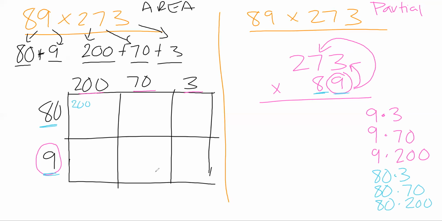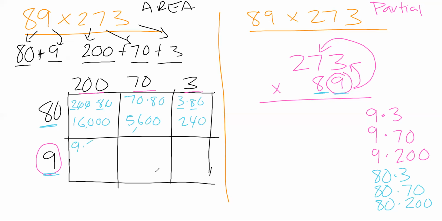So 200 times 80. 2 times 8 is 16, and 1, 2, 3 zeros. Okay, that's 16,000. 70 times 80 is 56 and 2 zeros. And then 3 times 80 is 240. 3 times 4 is 24.